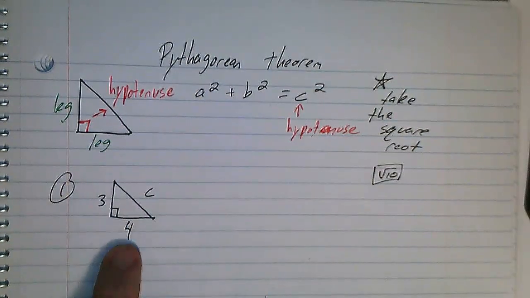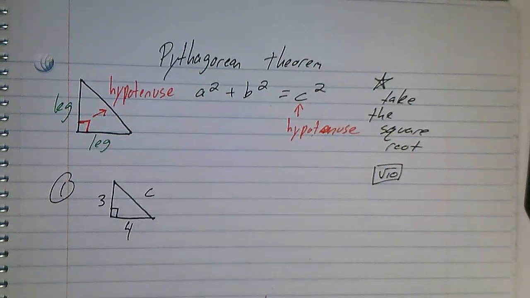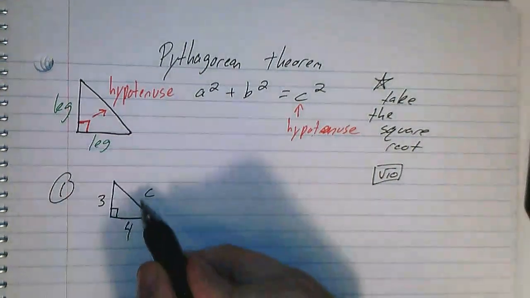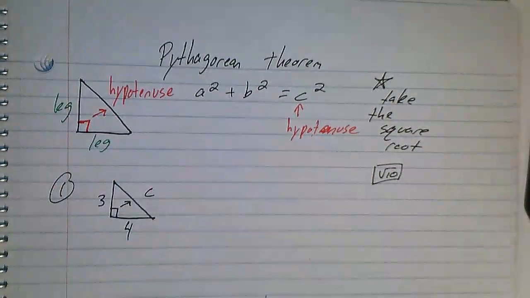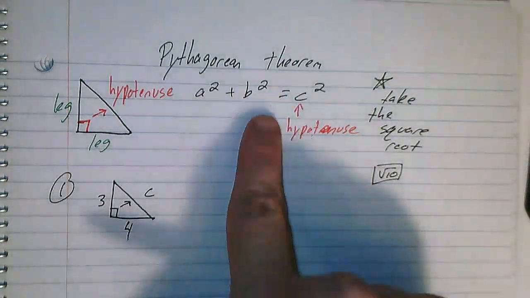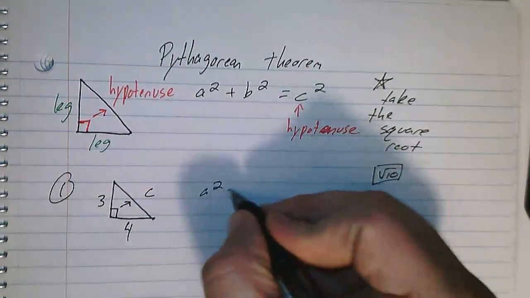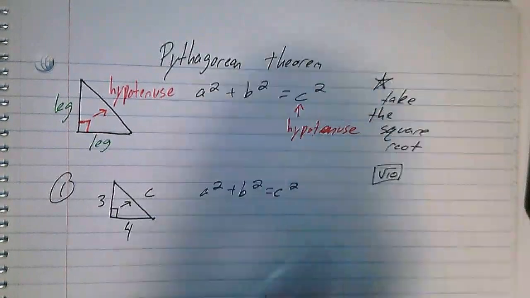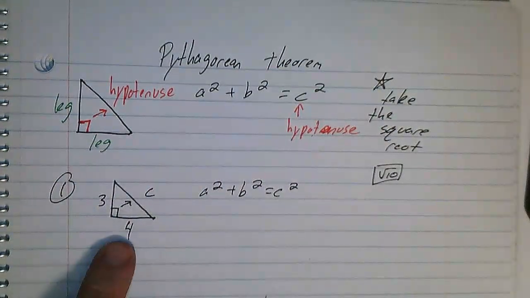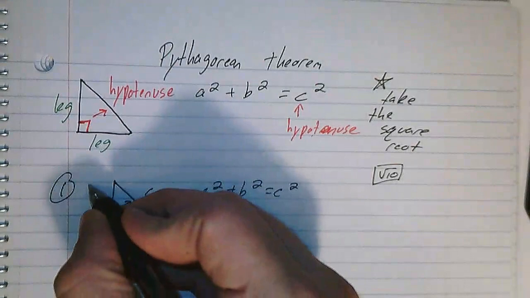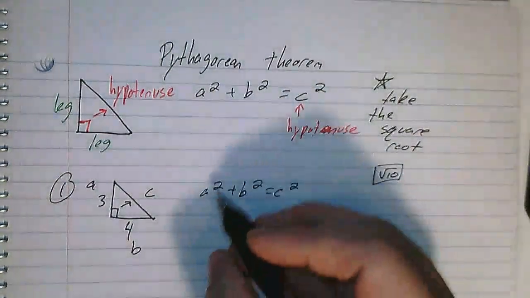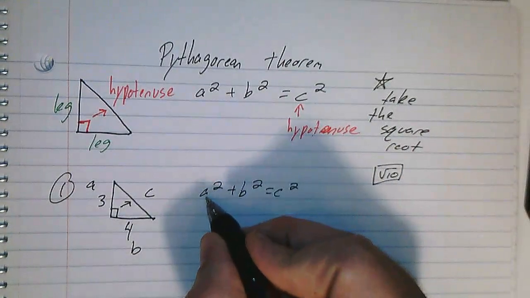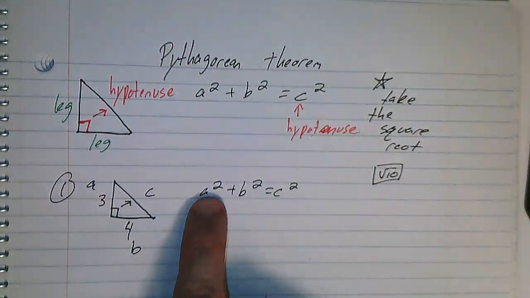So we'll see a triangle with numbers on 2 sides and then a missing side length. If the missing length is C, directly across from the 90-degree angle, then we're just doing a squared plus b squared equals c squared. Again, it doesn't really matter which one you call A and B. You can call the shortest one A, the middle one B. So we're not just plugging in 3 here because it's A squared.